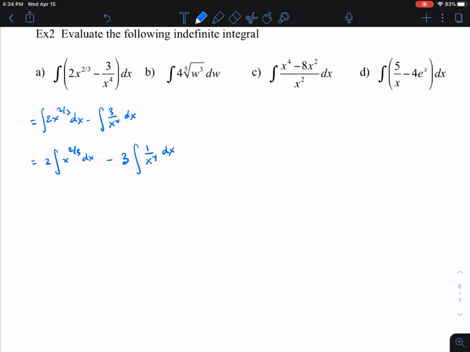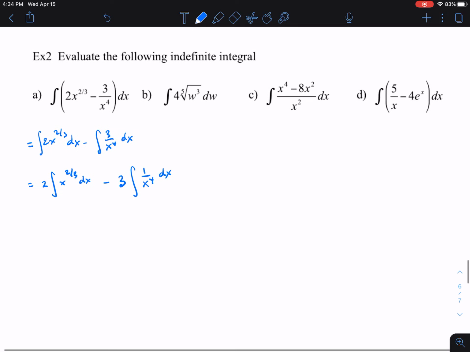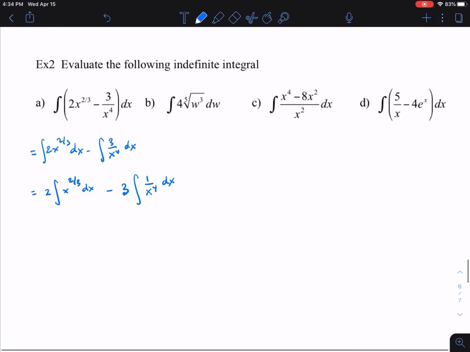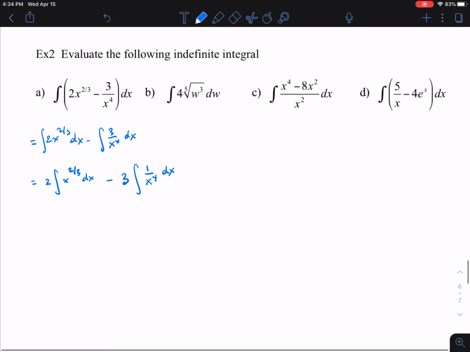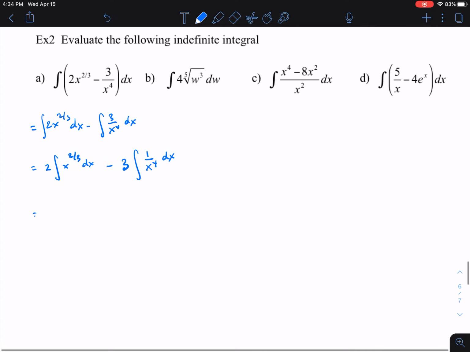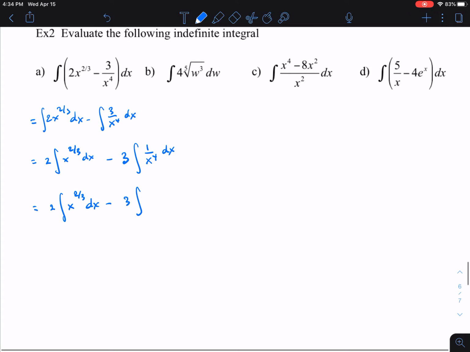So the two functions we're looking for the antiderivative of are x to the 2/3 and 1 over x to the 4th. We're going to identify which rule to use for these types of functions. It seems like both of these functions have a power, so perhaps we should rewrite the second function with a negative exponent, so that it's easier to use the antiderivative rule that corresponds to the polynomial function.